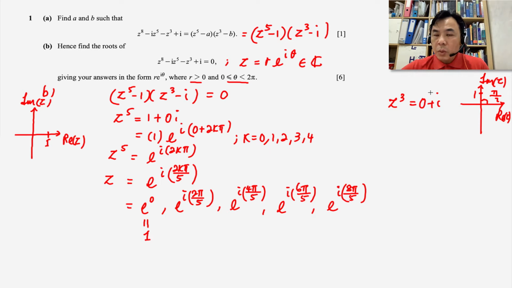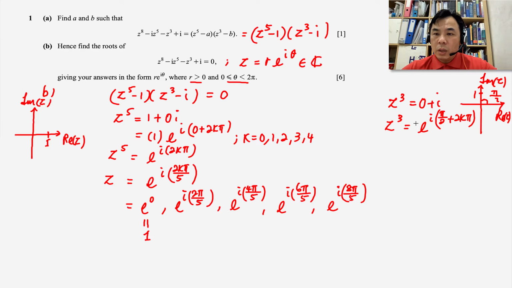Therefore, we can represent this in its Euler form. We still know that the magnitude is 1 unit long. Therefore, we can rewrite this as z^3 equals e^(iπ/2). Don't forget, because we can repeat that for one complete cycle, we can write down 2kπ here. And there you have it. That is the second general solution to this factor here.